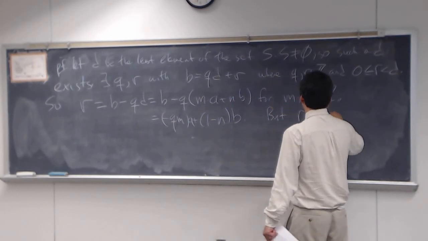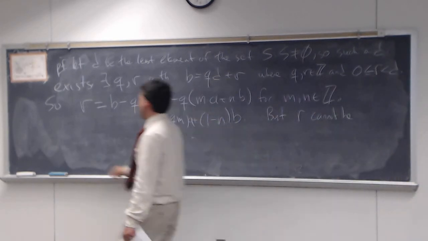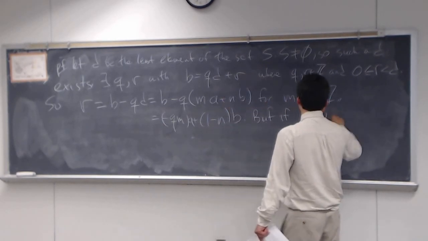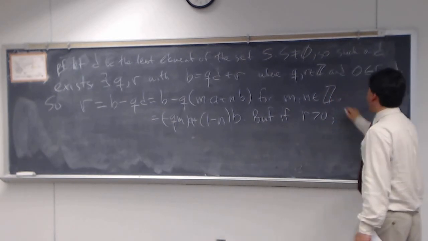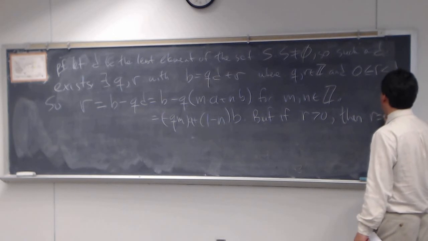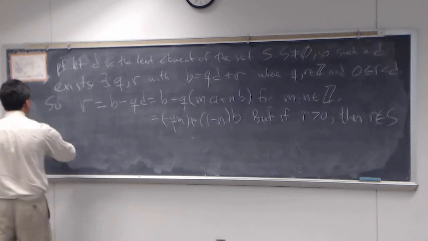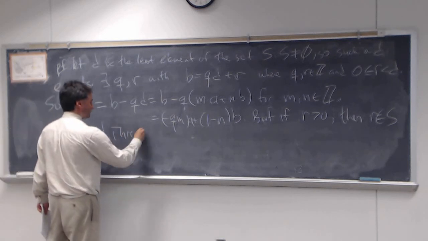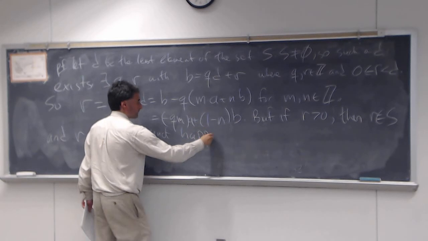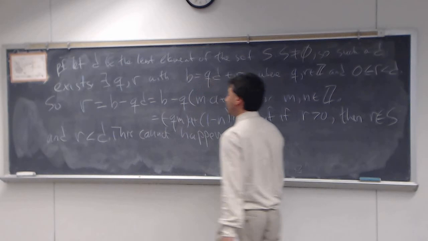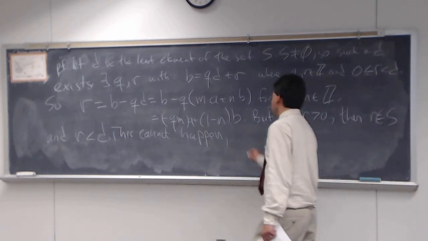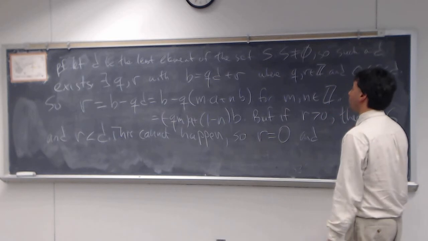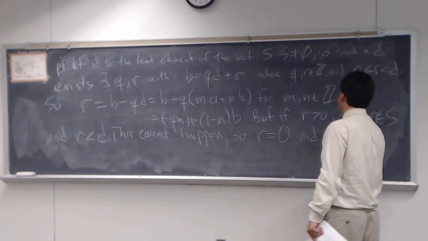We cannot have R greater than 0, because if we did, then R would be in S, and it would be strictly smaller than the smallest element of S. This cannot happen since D is the smallest element of S. So R equals 0, which means a 0 remainder in this equation from the division algorithm, so D divides B.